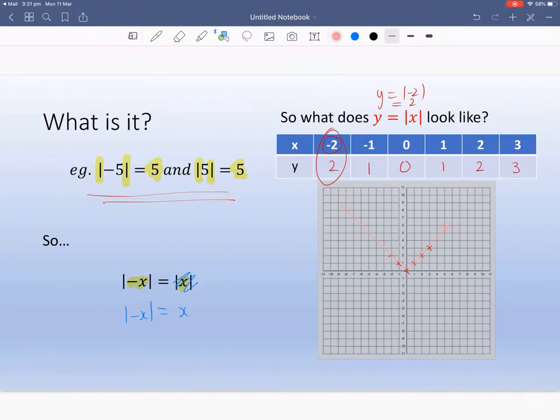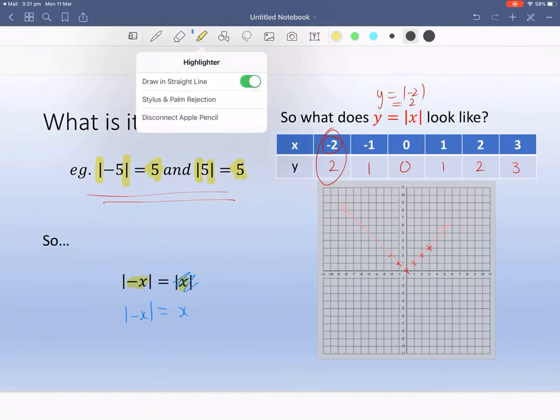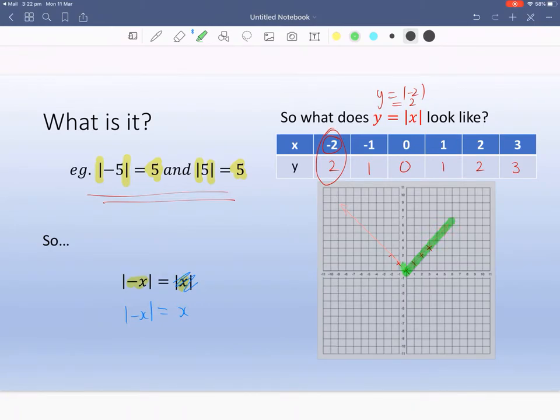Okay, so I'm going to highlight it because it doesn't look that good to me. Let's get green. So just up there and up there. Okay, so it looks like a V shape. And in actual fact, it's a combination of these two lines.